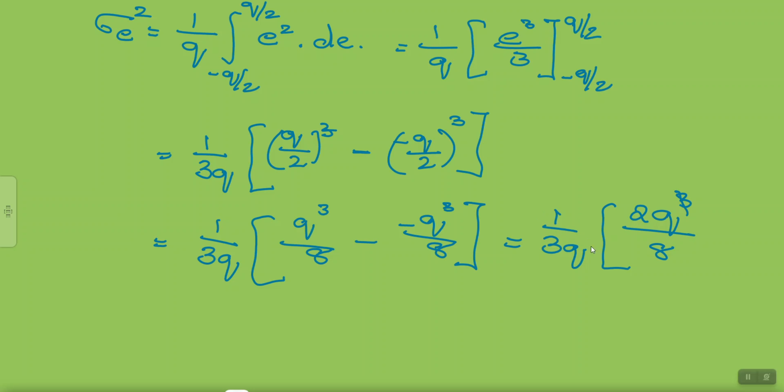So the q is cancelled and q square remains here. This is 4. So the variance sigma e square is equal to q square by 12.